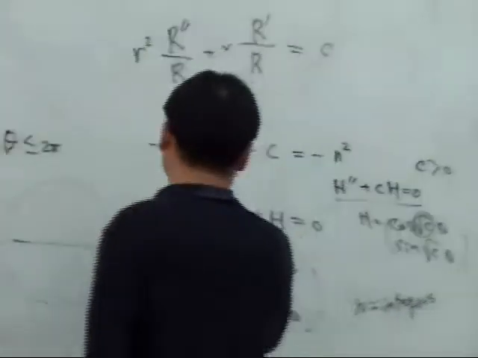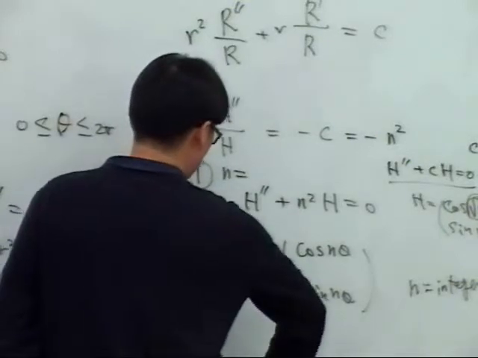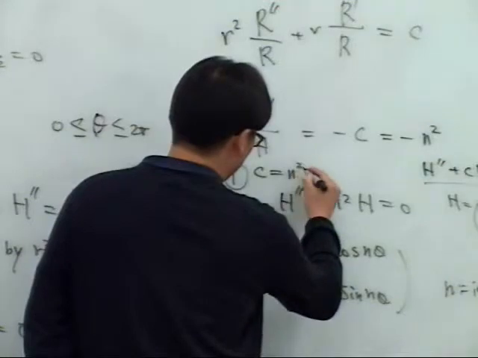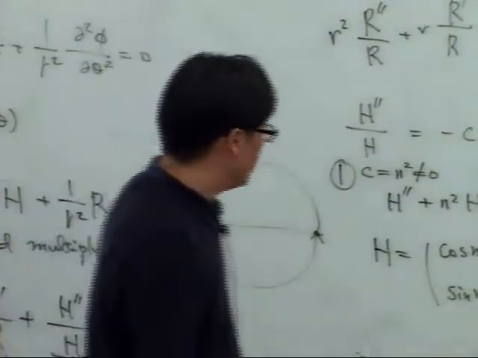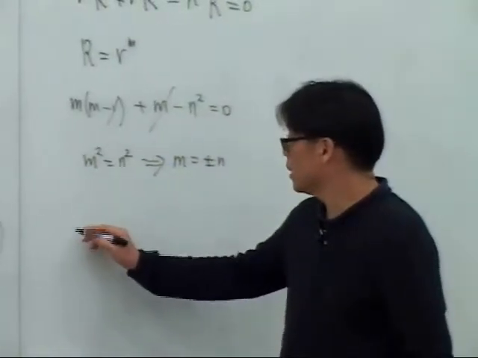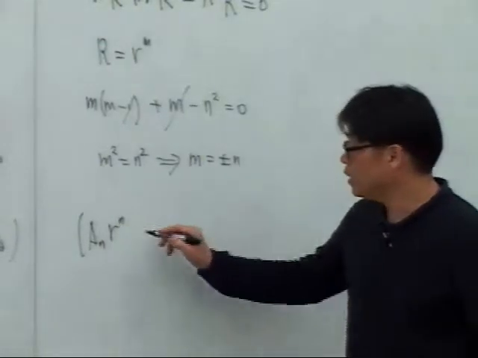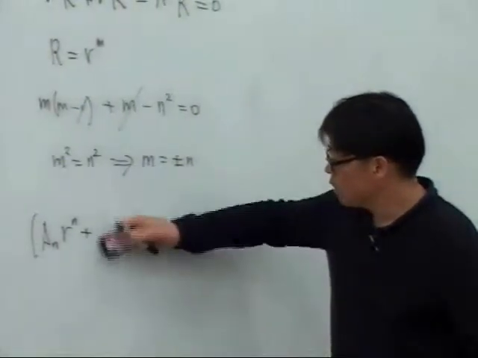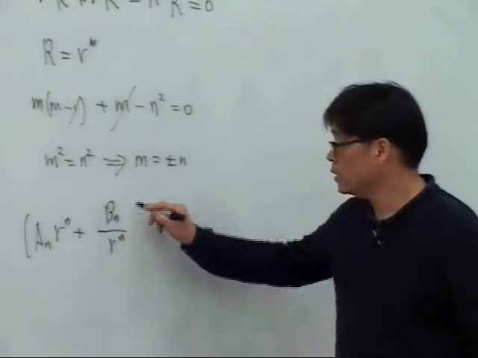So here, let me put number 1. Let's say the case when C is n squared, which is not equal to 0. And then what we have is a_n r to the n plus b_n divided by r to the n.